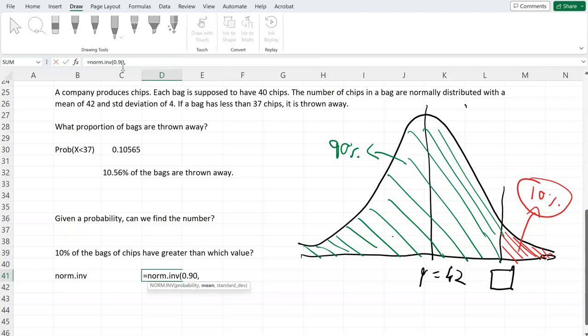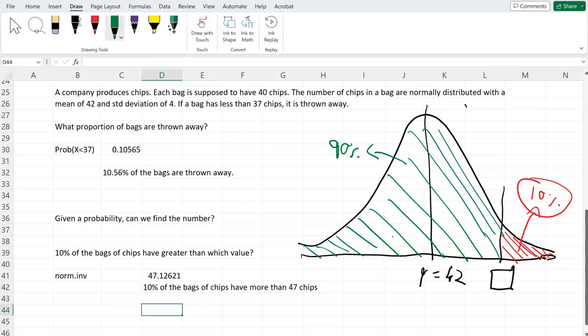The mean is 42 and the standard deviation is 4. And we find it is 47.12. So we can just write 47. So 10% of the bags of chips have more than 47 chips.